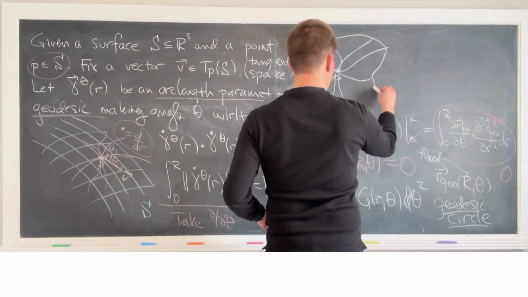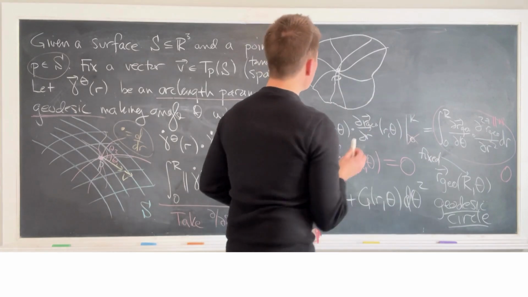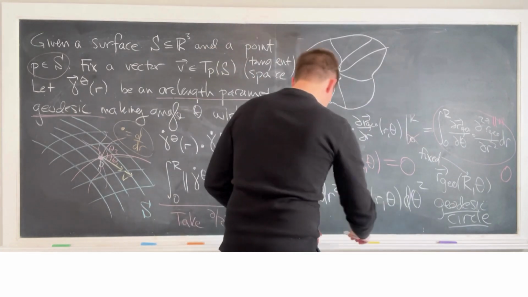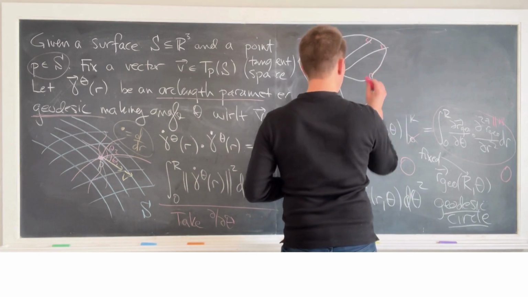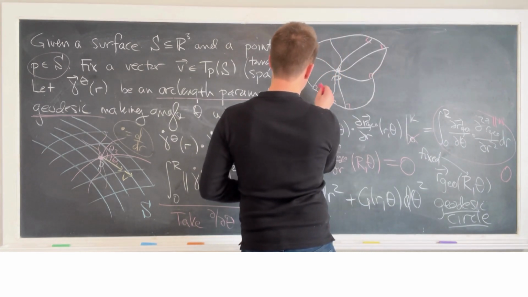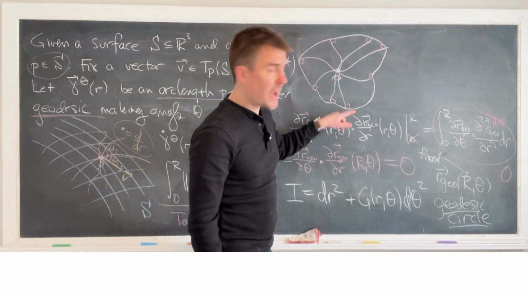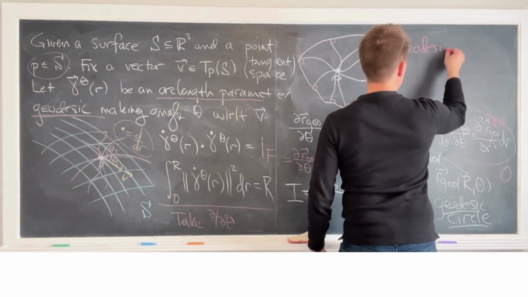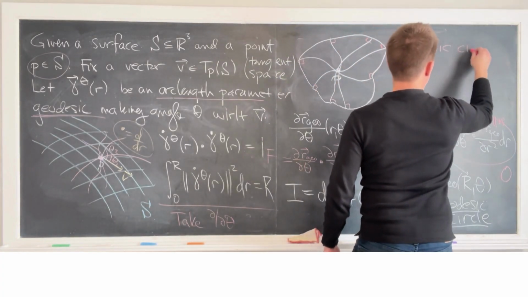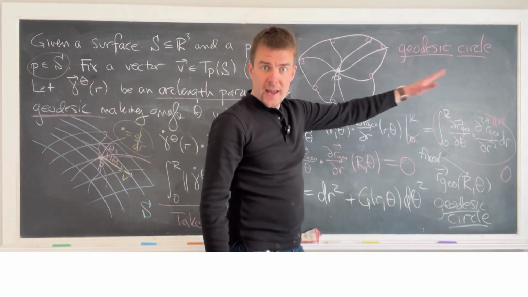You might say it doesn't look like a circle. But what's the key feature of this geodesic circle? The key feature is that all of these angles over here, I did my best to make them all look perpendicular. All those angles are right angles. So this is a geodesic circle, and it always makes right angles.